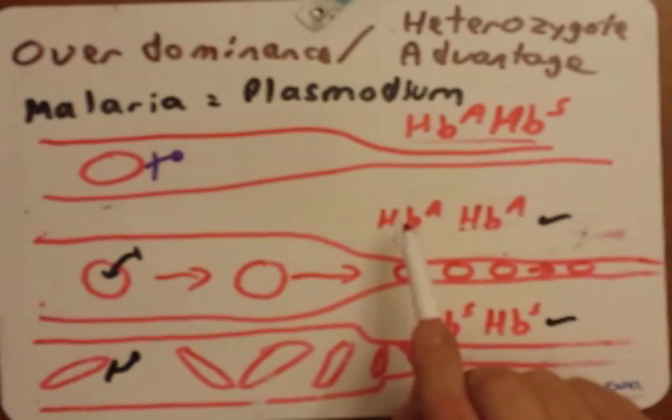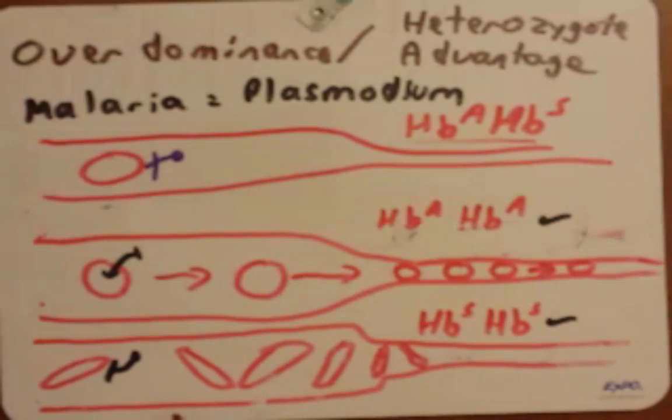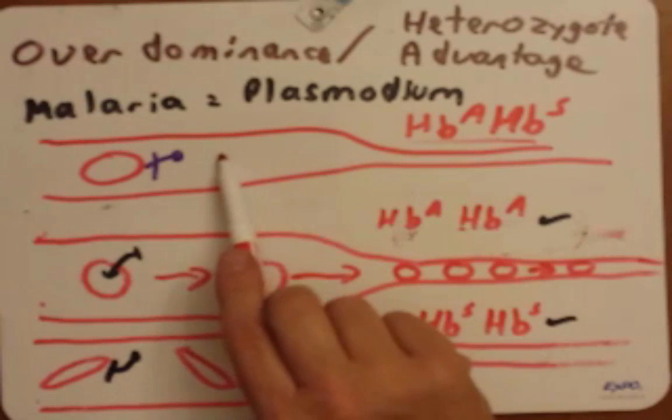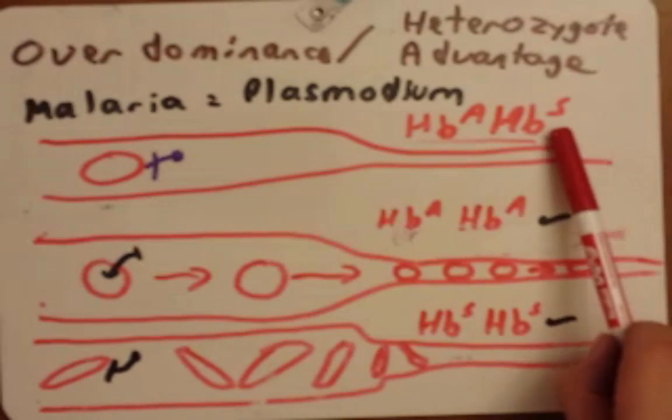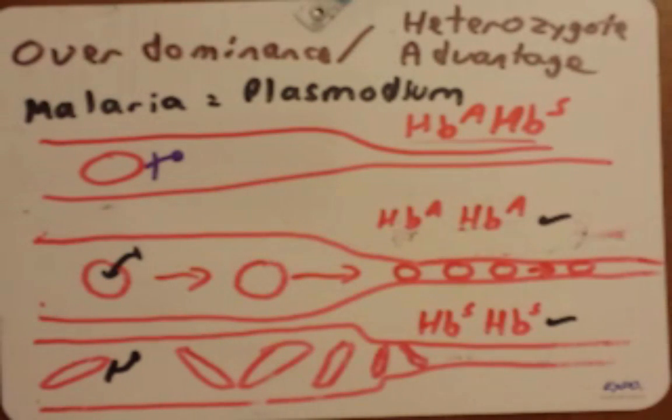However, this individual here, the heterozygote, has a distinct advantage. The red blood cells are just as easy to move down these capillaries, so they're not going to have sickle cell anemia, but they have the added bonus of being resistant to malaria. And so this is why we see increased incidences of sickle cell anemia in parts of the world where malaria is high, because this allele, the sickle allele here, has been selected in those areas because it's advantageous if you are a heterozygote.